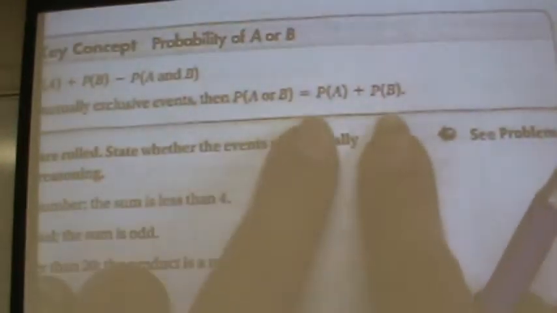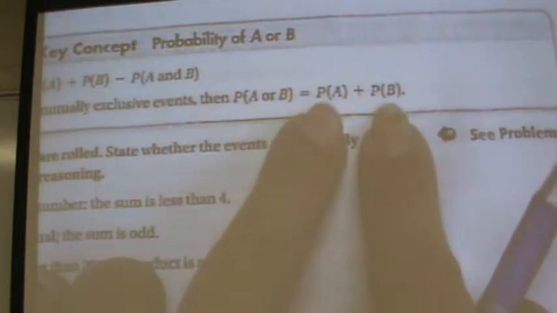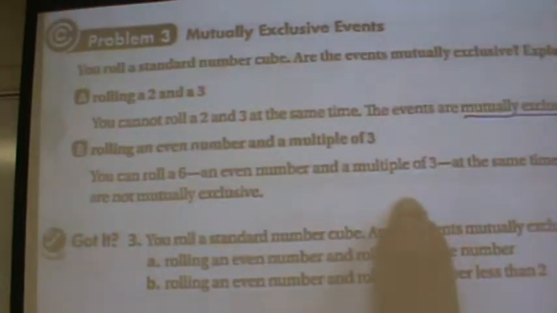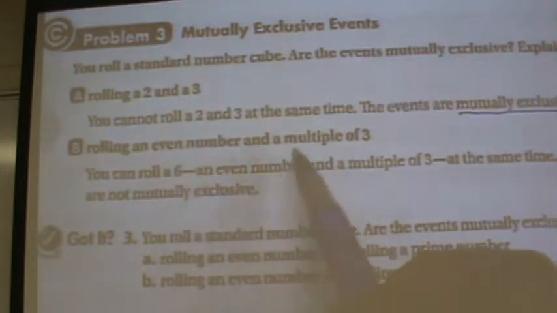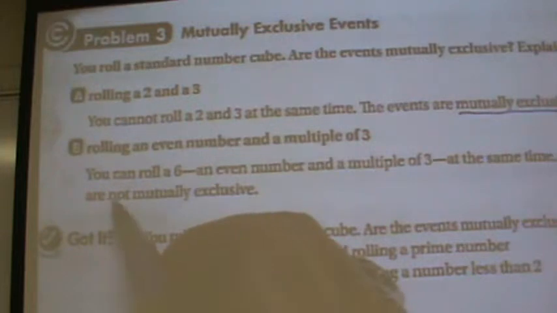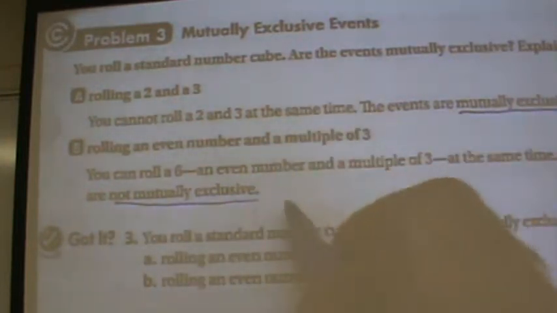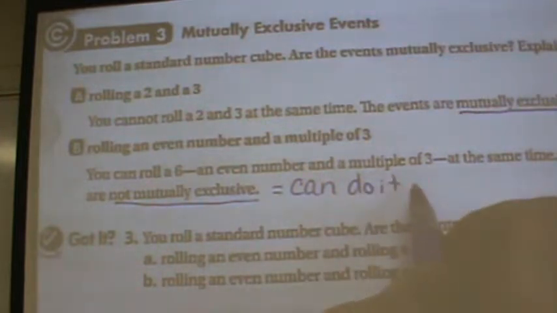By the way, when they are mutually exclusive, when one does not depend on the other, you add up the two probabilities. When they're not mutually exclusive, for example, can you roll an even number and a multiple of 3? Yes, you can. So these ones are not mutually exclusive, meaning you can do it.